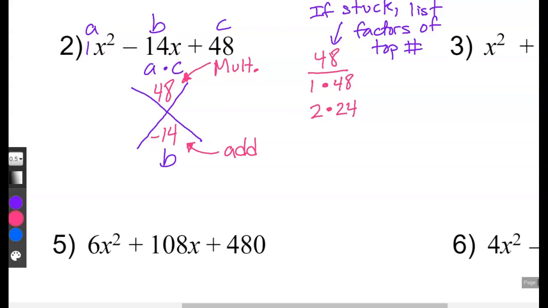So in my head, I should also be thinking, okay, do any of these so far add to be negative 14? 12, I think. Yep, 12 times 4 are factors of 48. Do those add to be negative 14? 12 plus 4 is a positive 16.